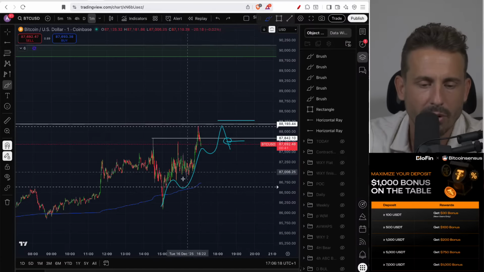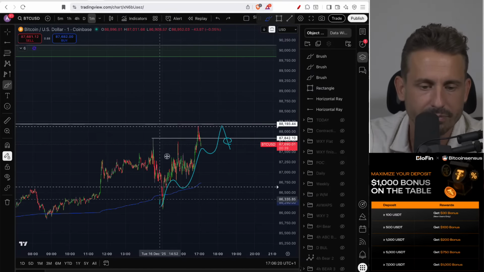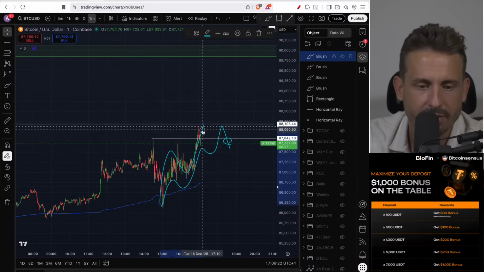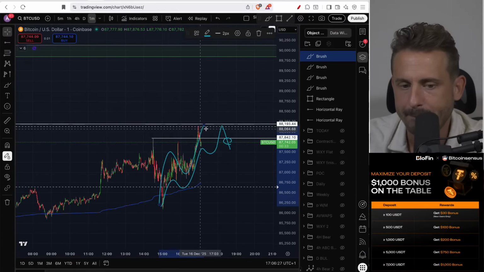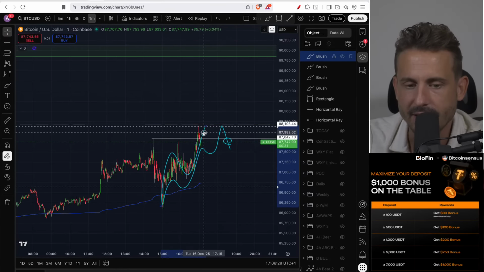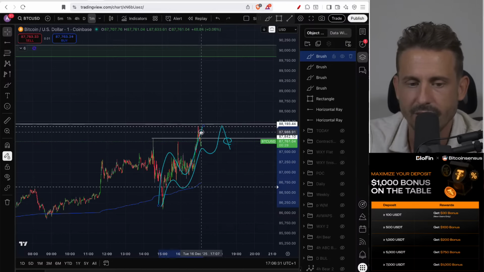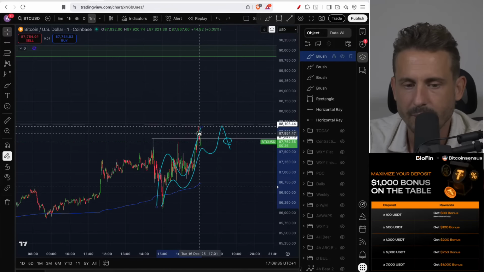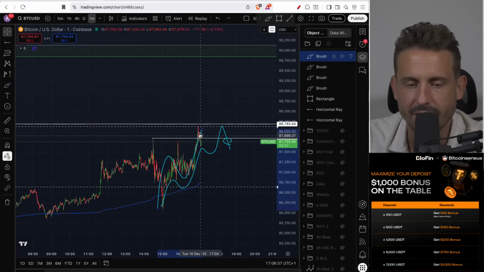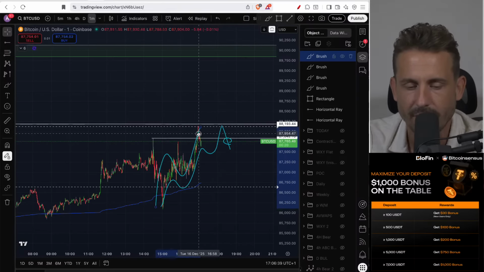But the fact that we've moved up like this, very, very three-wavy from this pivot low, I'm not liking it, guys. I don't like to short a third wave, especially if we haven't hit the major zone of interest that I have here.